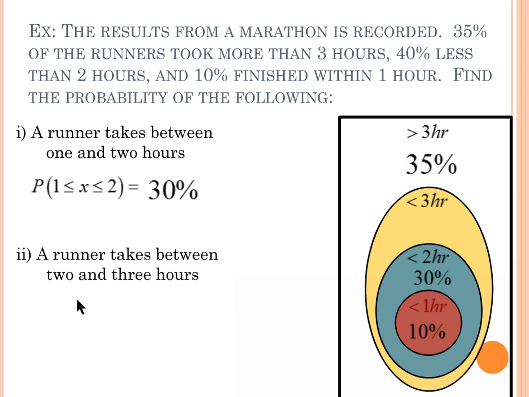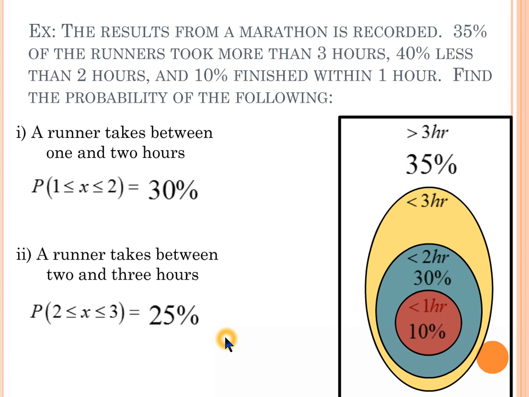All right, finally, the runner takes between 2 and 3 hours. So what's the situation that you're in this region right here, this yellow region, between 2 and 3 hours? This is a good question to think about, but the answer is going to be 25%.